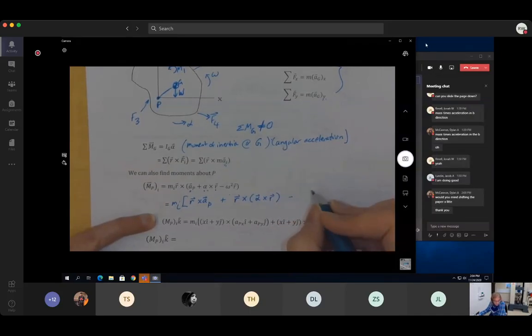And then we have omega squared and r crossed with r.